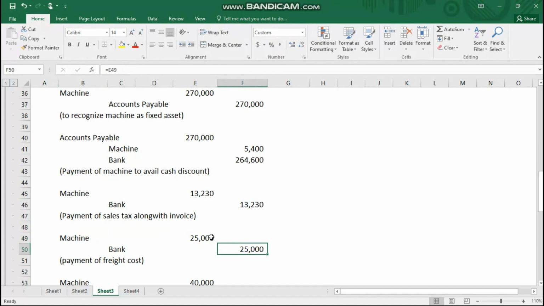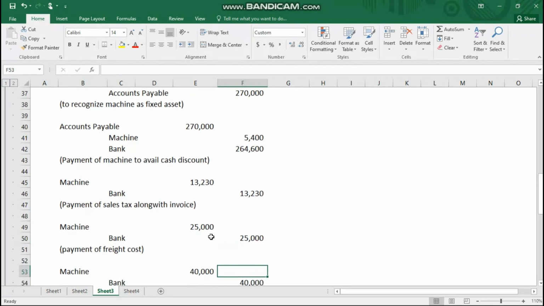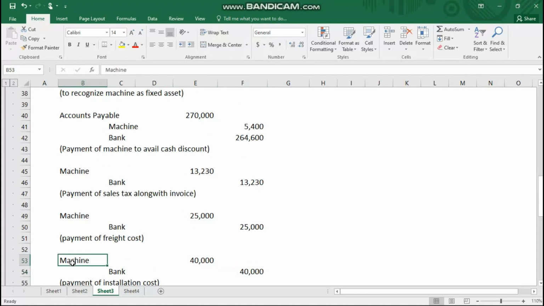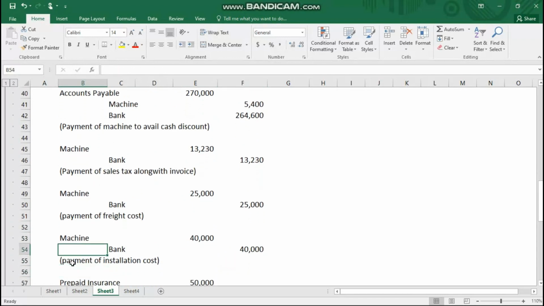Then I have this installation cost, and since the installation cost, as per the definition of the cost, will become the cost of item of property, plant, and equipment, I am debiting machinery fixed asset account, and I will credit the bank. So these are the entries that will be hitting my machinery account, fixed asset account.